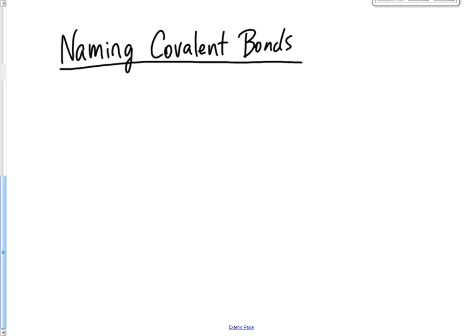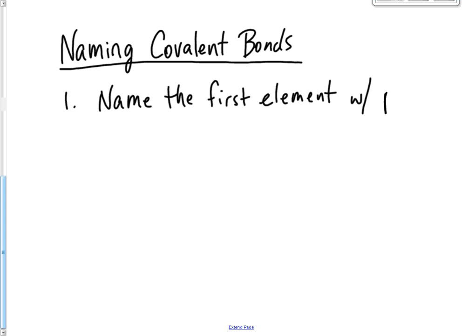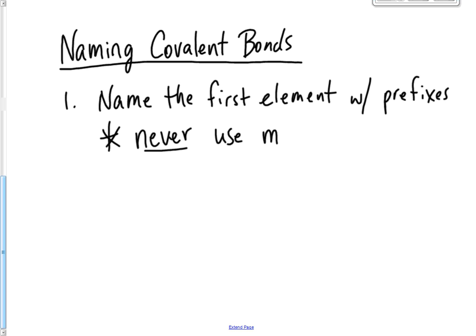So naming covalent bonds, step number one, is name the first element with prefixes. And I'll tell you what the prefixes are here in a second. What you are never going to do is use mono as your prefix for the first element.